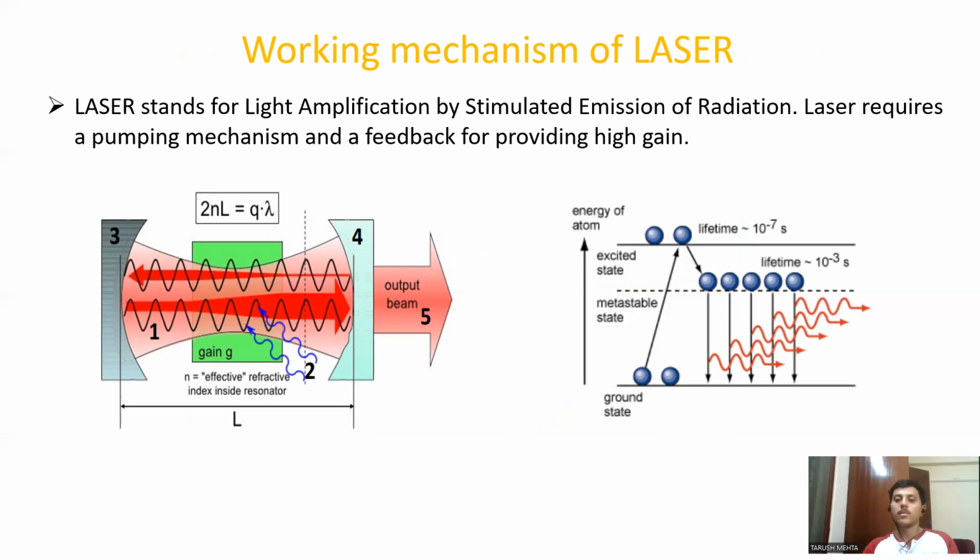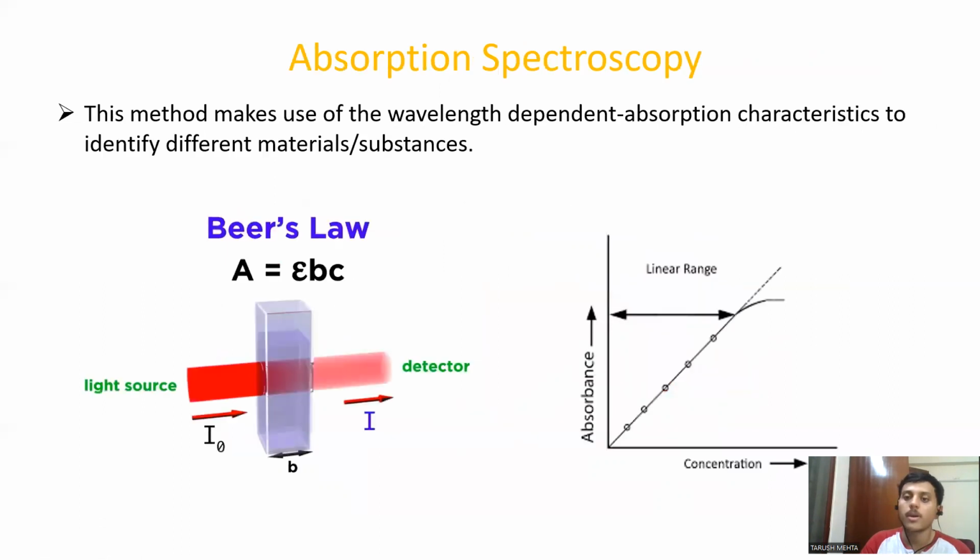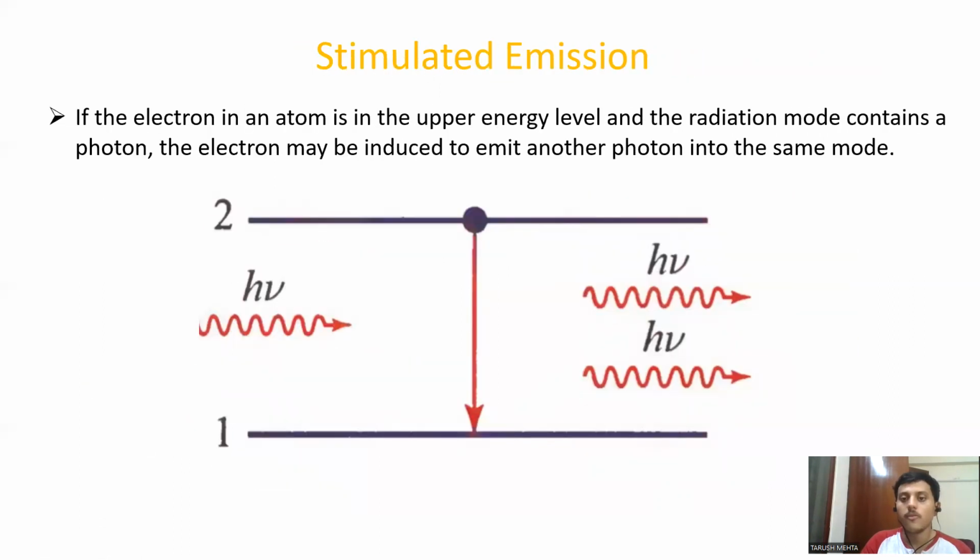Basically, a laser works on the principle of stimulated emission, where an external photon triggers the emission of a photon from an electron, because of which a new photon is emitted, and these two photons are said to be coherent because they are identical in all respects.